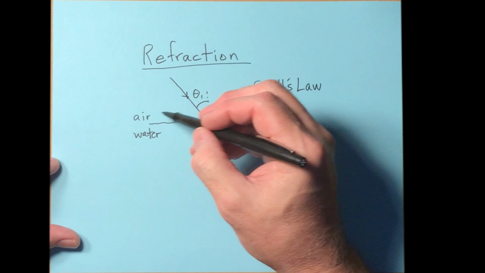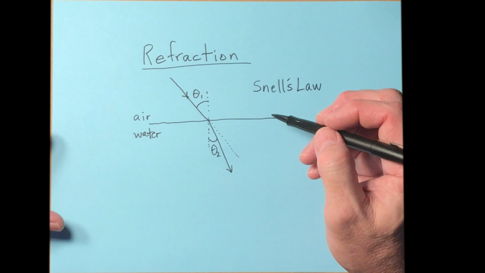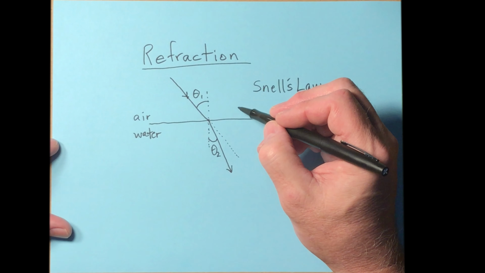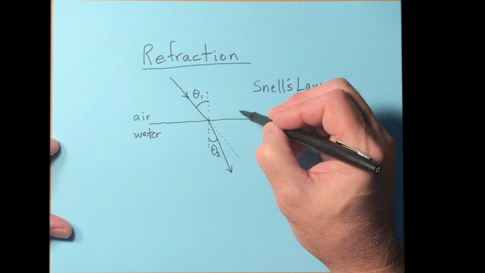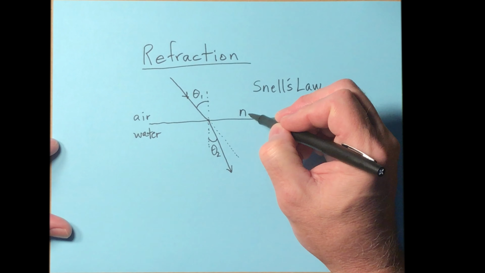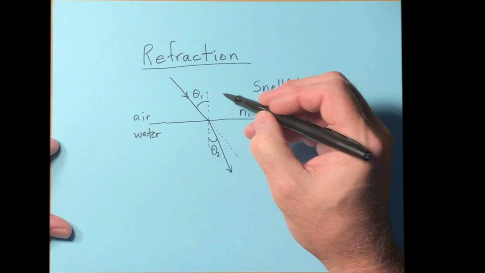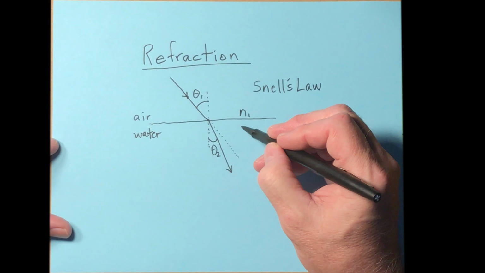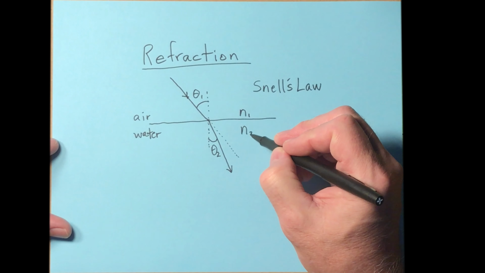In the air, you have some characteristic of the air, which is called the index of refraction. And that would be for the air, let's call that N1, because theta 1 is on the N1 side here. And then the water would have a different index of refraction, N2.